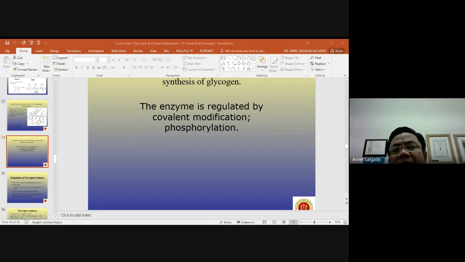Now, the phosphorylated B will be activated only if the phosphate is removed, so that we can convert the phosphorylated B to phosphorylase A.